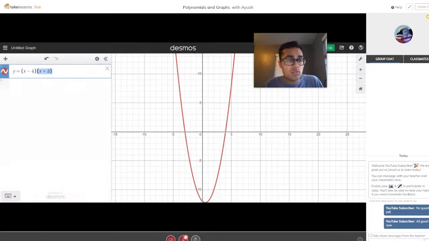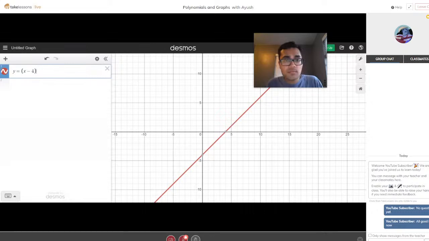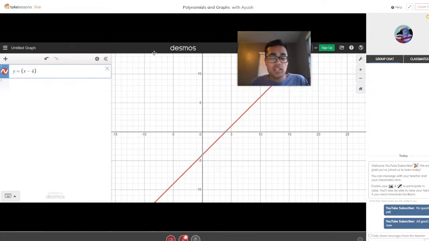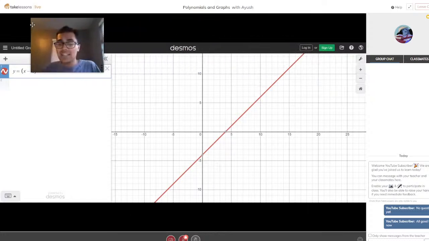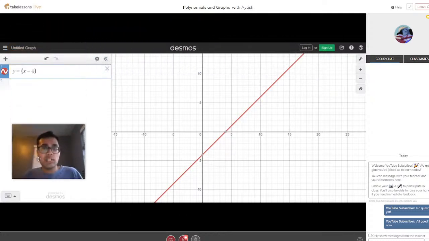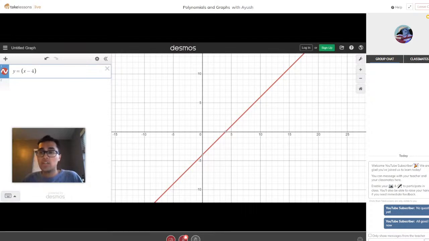Even before I do quadratic, here's a simple one. Everyone should hopefully know from basic algebra that x minus 4, something that looks like that, is going to be a line. It's what we call a linear equation. Solving linear equations is a whole different topic, and I actually plan to host a class later in April related to solving linear equations as well as solving systems of linear equations.